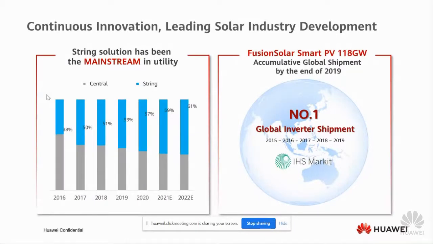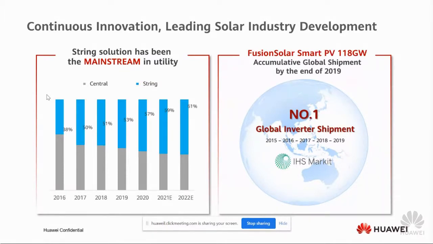And now to the solar industry. So we see a growing potential in the string inverters, and also the interest from the market is headed to the string inverters. As you can see, it started from 2016.